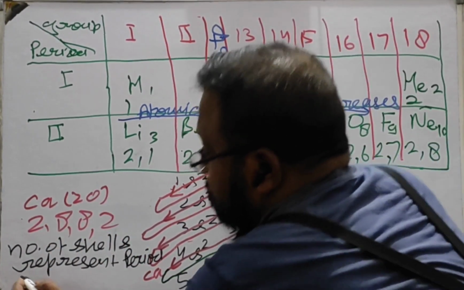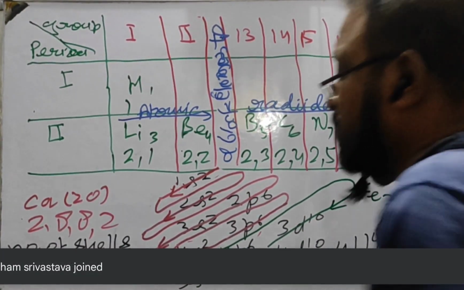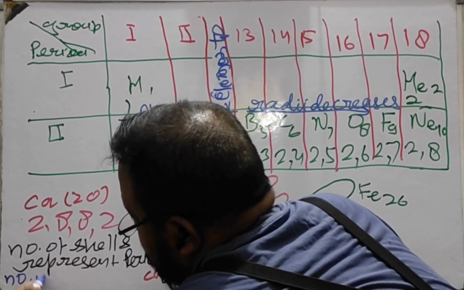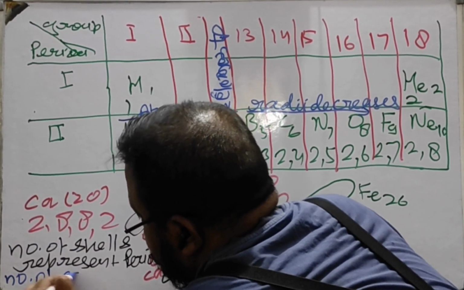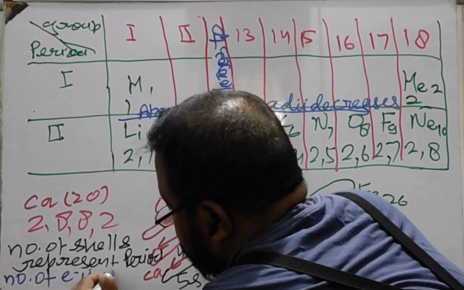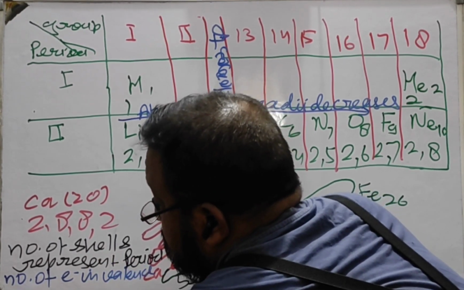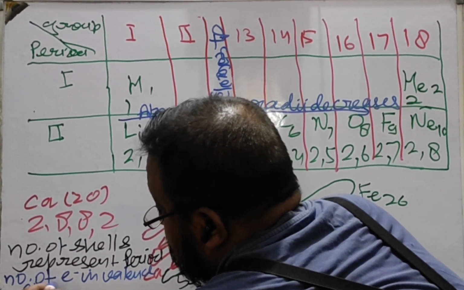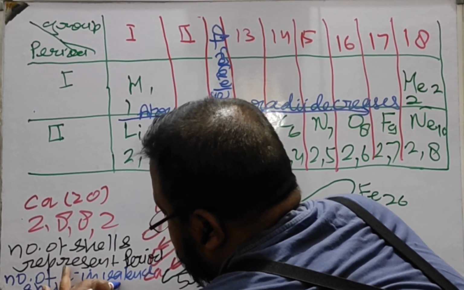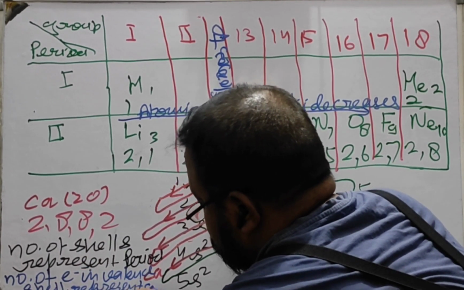And what happens with the number of electrons? The number of electrons in the valence shell represents the group, right?